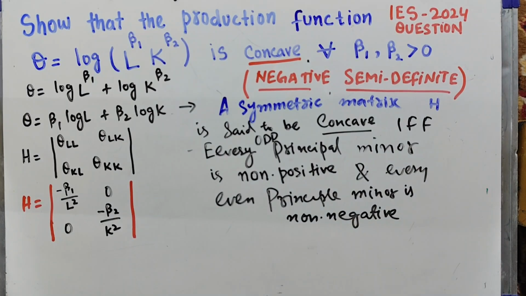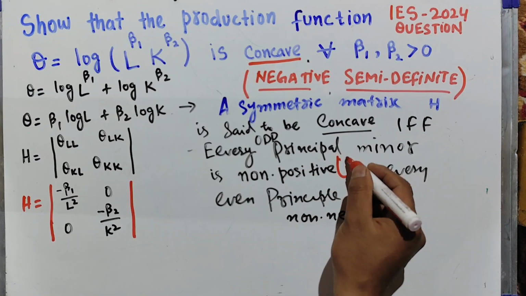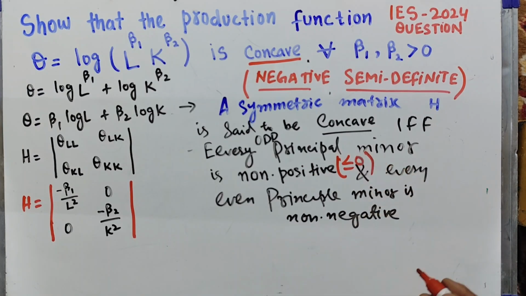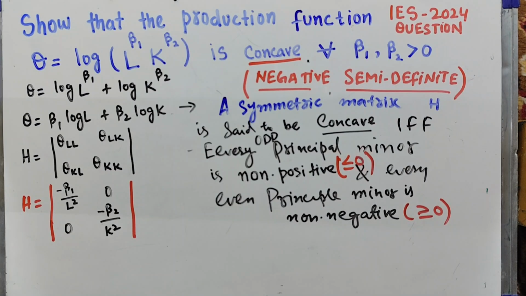Don't get confused. By non-positive we mean less than or equal to 0. By non-negative we mean greater than or equal to 0.